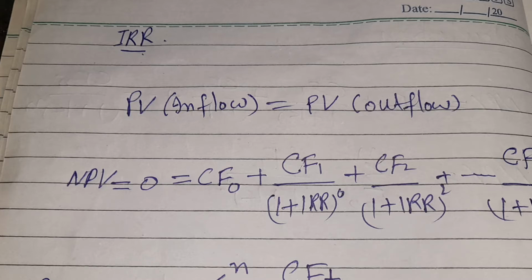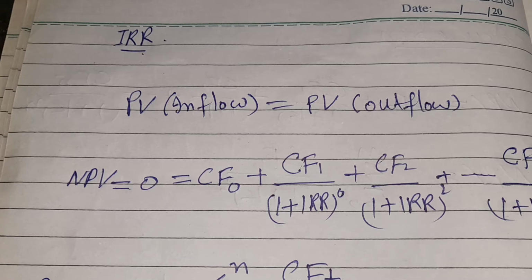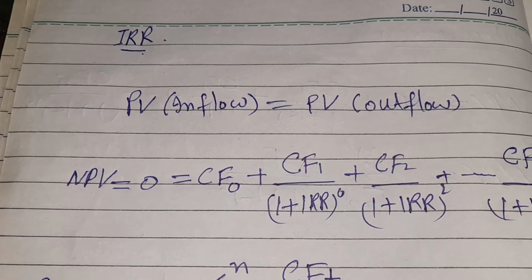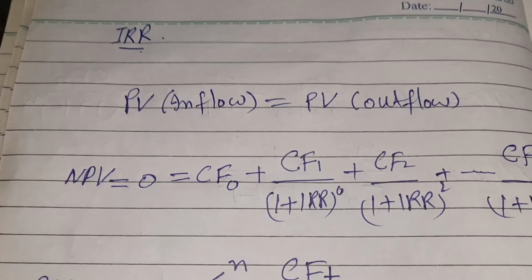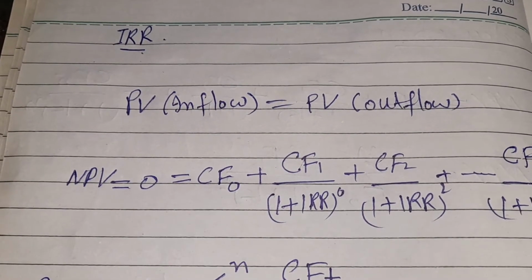Most generally, the IRR is the discount rate that makes the present values of the project's estimated cash inflow equal to the present value of the projected estimated cash outflow. That is, IRR is the discount rate that makes the following relationship hold.